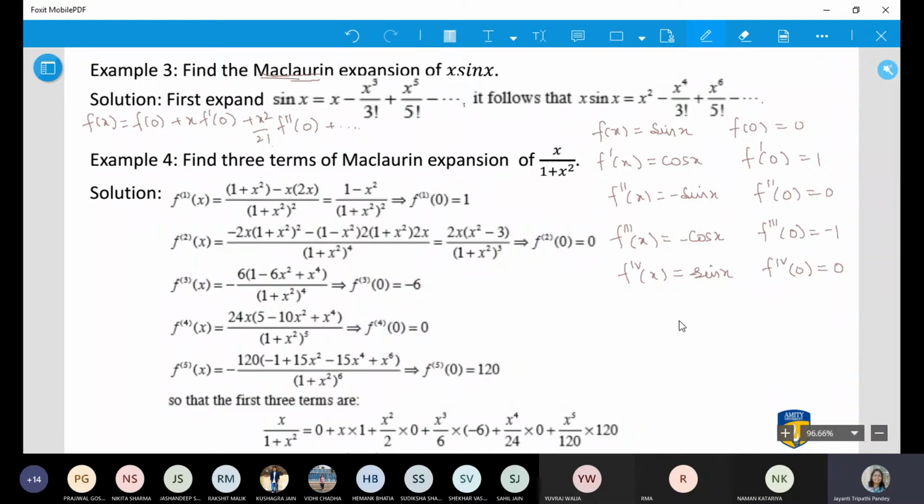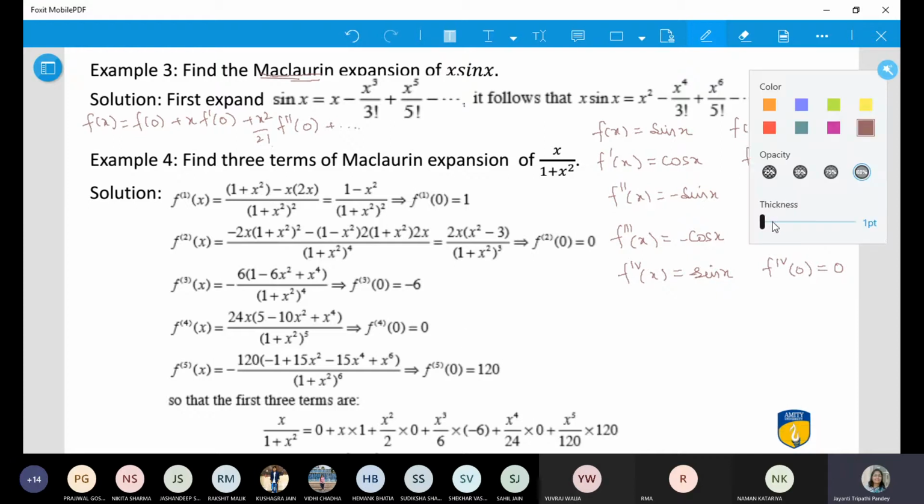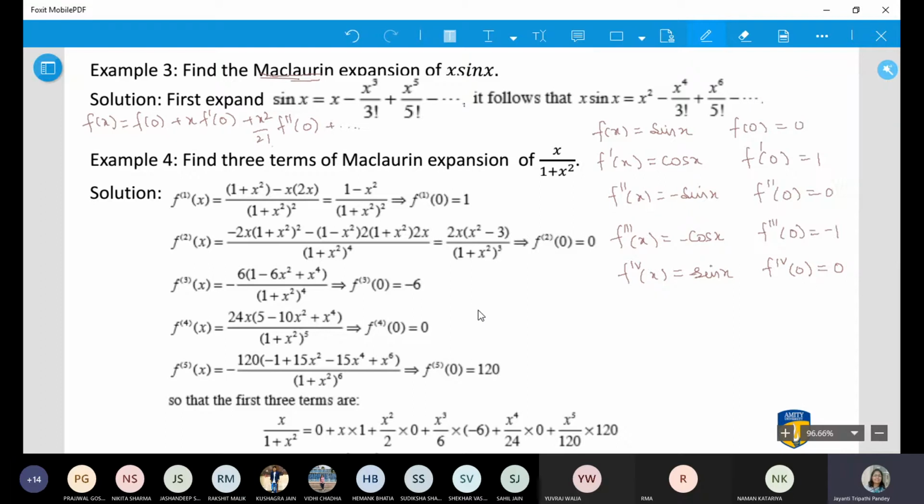Now when we put these values, f(x), which is sin x, is equal to 0 plus x plus 0 minus x cube upon factorial 3 plus 0 plus the fifth term, which will be plus again.